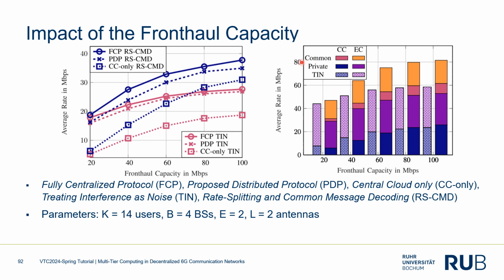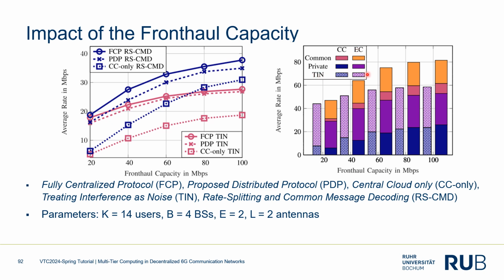Okay, next figure. We have the achievable rate in megabits per second over the fronthaul capacity. This figure is showing the proposed distributed protocol RSCMD. We have the average rates split into common and private part, and also CC and edge cloud.